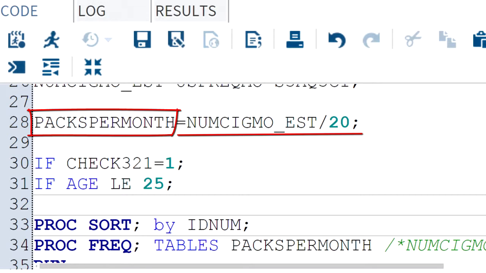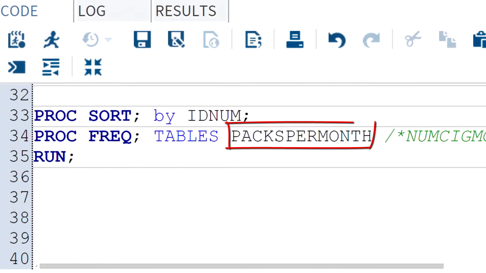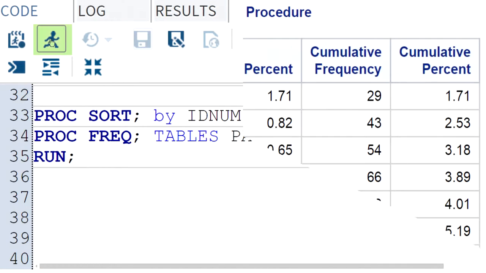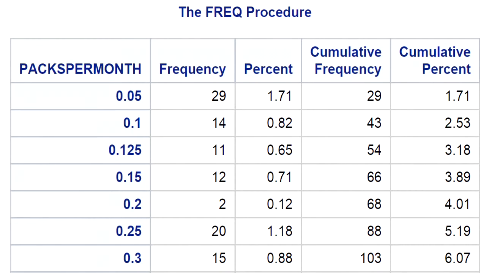The new variable is packs per month, and it's set equal to the number of cigarettes smoked per month divided by 20, followed by a semicolon. Then we add this new variable, packs per month, to the table statement so we can view this new frequency distribution. Packs per month is still a quantitative variable, but now we can more easily create groups based on number of packs smoked in a month.